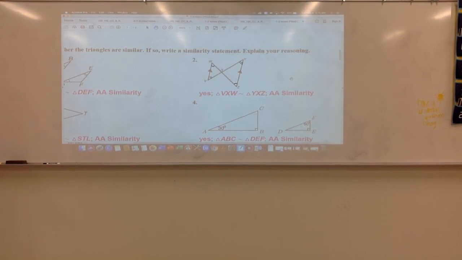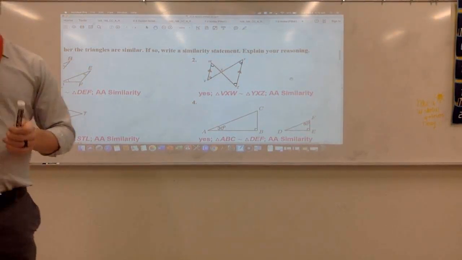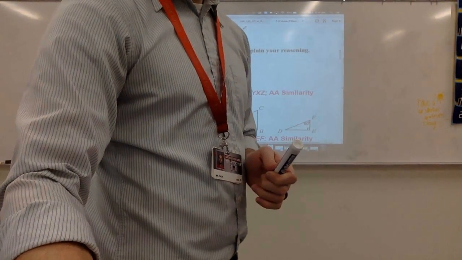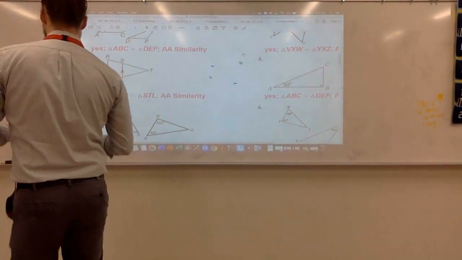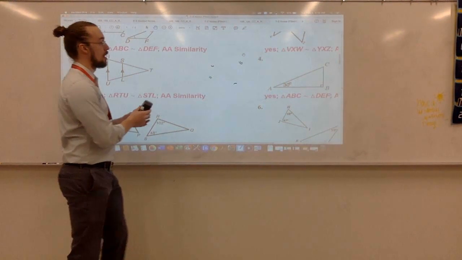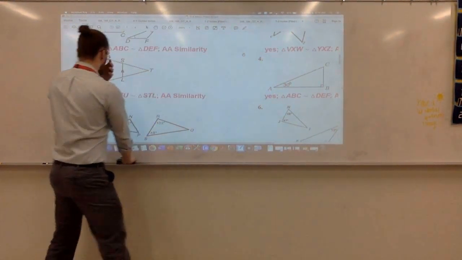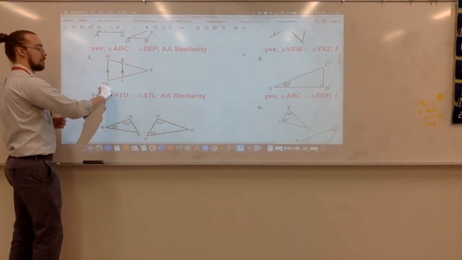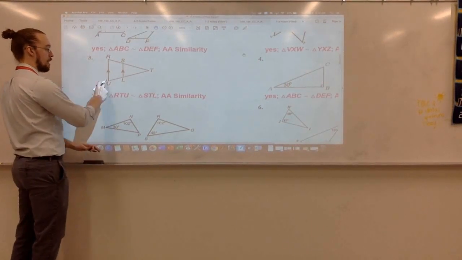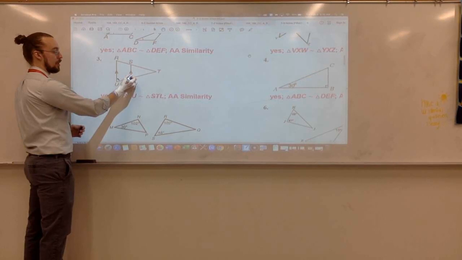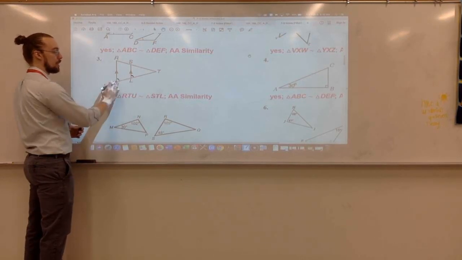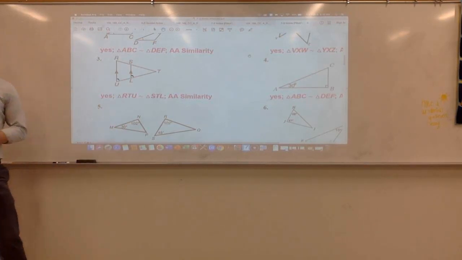Other ones? Three. On this one, we've got, again, just a pair of parallel lines. So if we've got parallel lines cut by first this bottom transversal, this angle U and then angle TLS here would be corresponding angles.